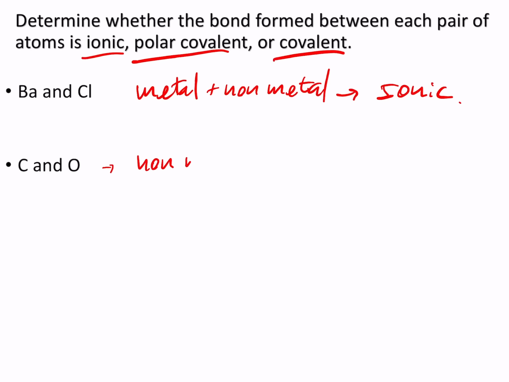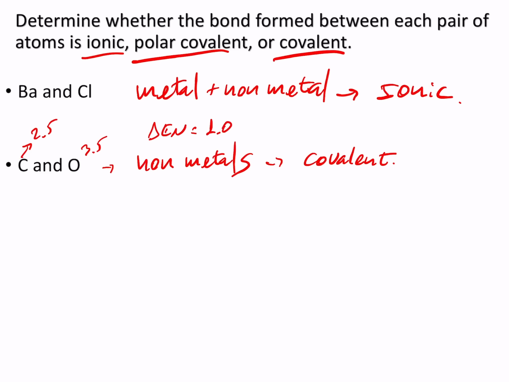These are two non-metals, and as such, you are forming a covalent bond. And in this case, when you have to determine whether it's polar or non-polar, carbon is less electronegative than oxygen, and in this case, you can use values. This is 2.5, this is 3.5. So the difference in electronegativity is 1. So this is a polar covalent bond.